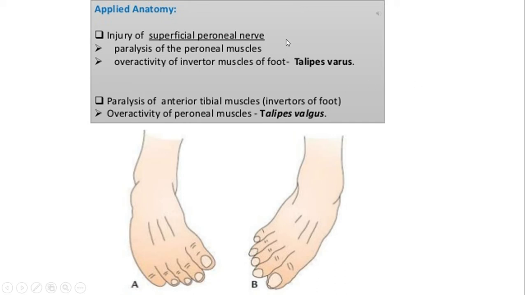And injury to superficial peroneal nerve results in the paralysis of peroneal muscles, and then there is overactivity of the inverter muscles, as we have already discussed, known as Talipes varus. In case of paralysis of anterior tibial muscles, there is paralysis of inverters, and the opposite condition of overactivity of peroneal muscles is called Talipes valgus. In diagram A, there is overactivity of inverters, and in diagram B, there is overactivity of everters.